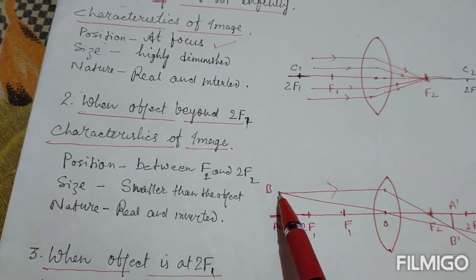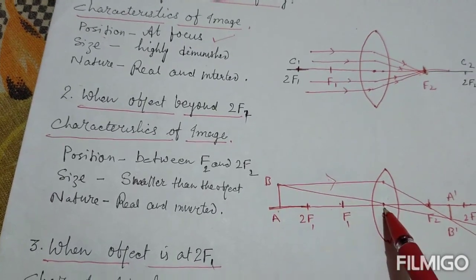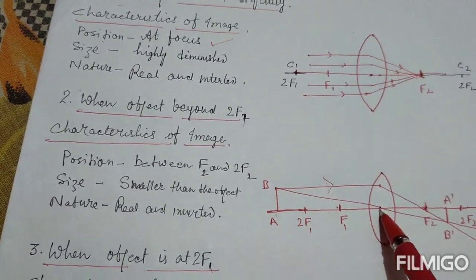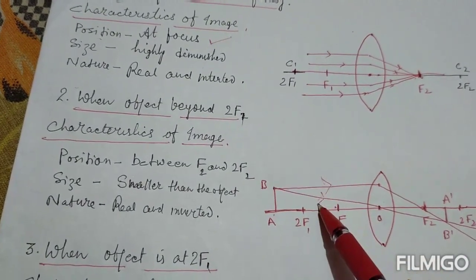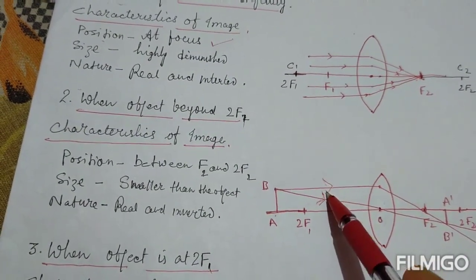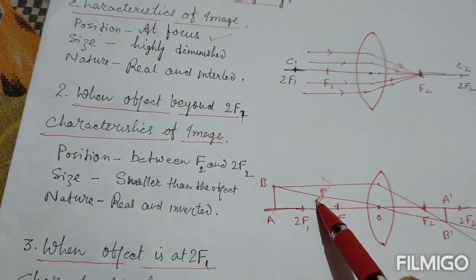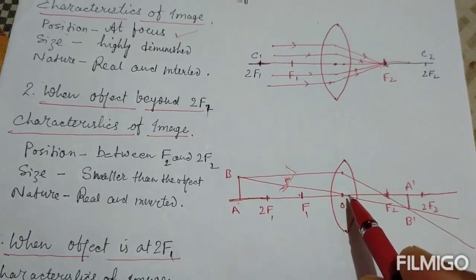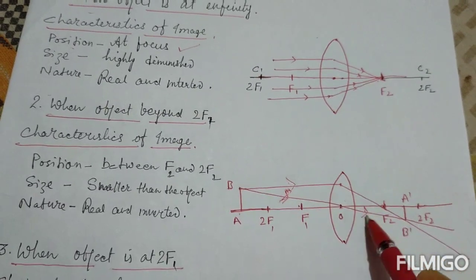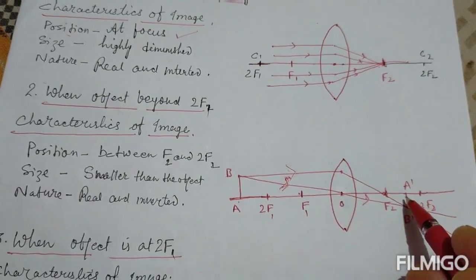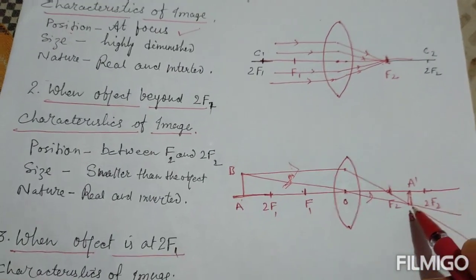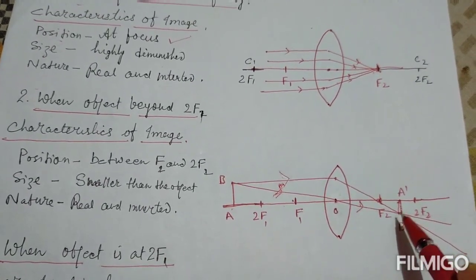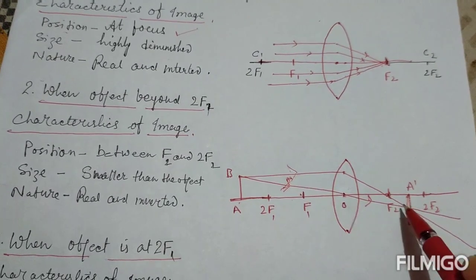So the second ray will be coming through the optical center of the lens, and we know the characteristic of rays when they pass through the optical center: it passes undeviated like that. These two rays will intersect at a point, and this intersecting point is the formation of the image. So where is the position of the image?